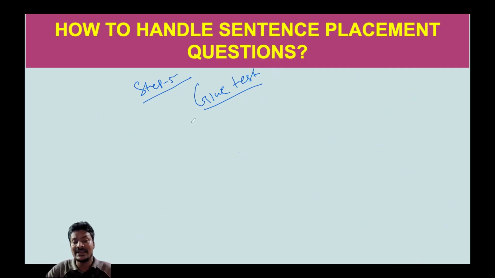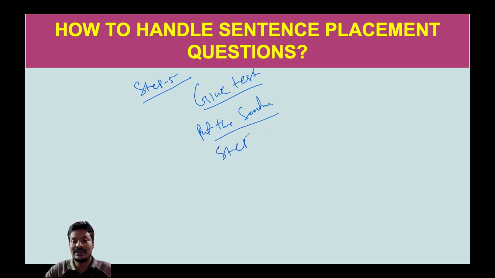Because in this test, we take the sentence and put it in the blank mentally, and we check: does the line before and after connect smoothly to the sentence or not? If the flow breaks, it means what? It is not the right spot, isn't it? So that is what is known as the glue test.